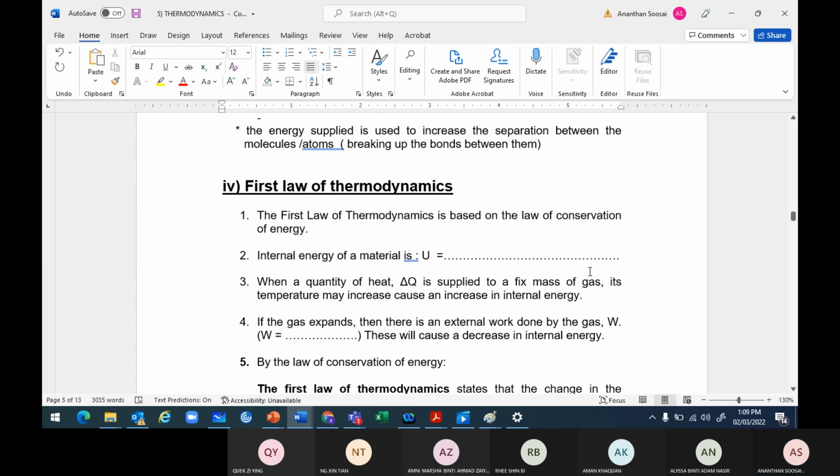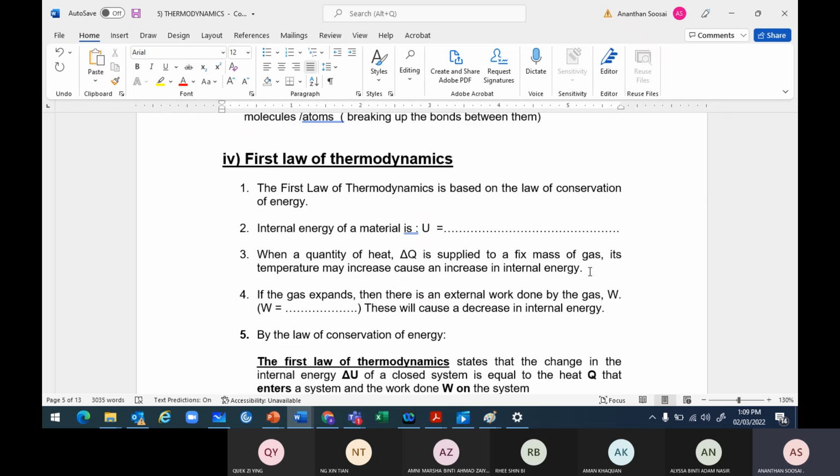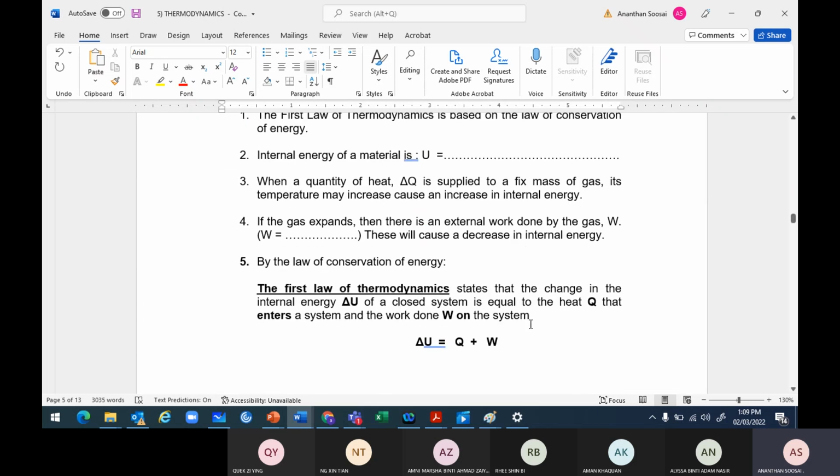Then the first law of thermodynamics, recall it. It is based on conservation of energy. The first law states that the change in internal energy of a substance is equal to the heat supplied to the system and work done on the system.